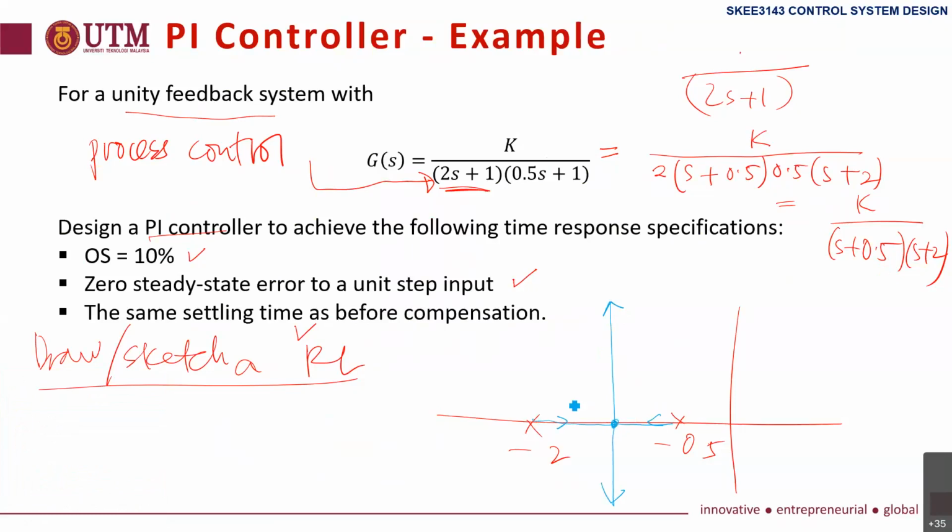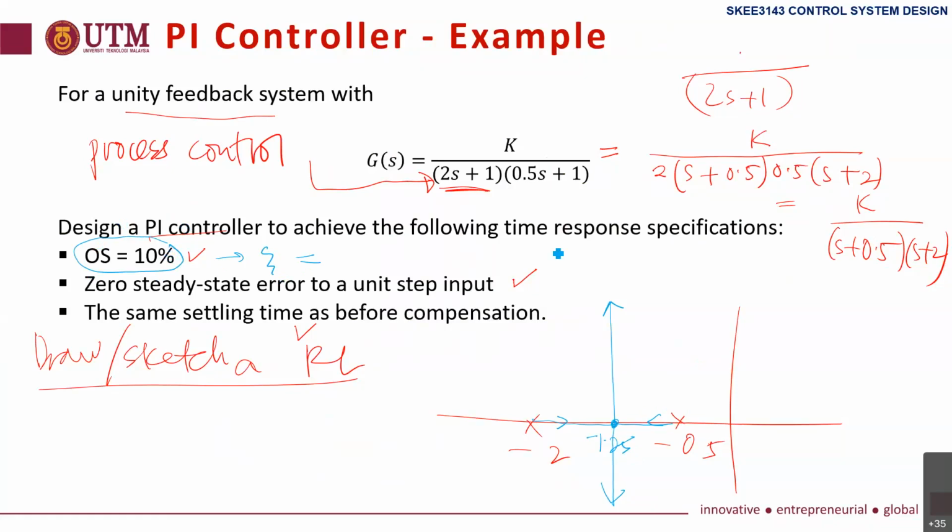The breakaway point, what we call, you can find the breakaway point. It is given here actually, minus 1.25. If you calculate, you get minus 1.25. And we want overshoot 10%. Then we can get zeta. You can use the graph that will be given to you.